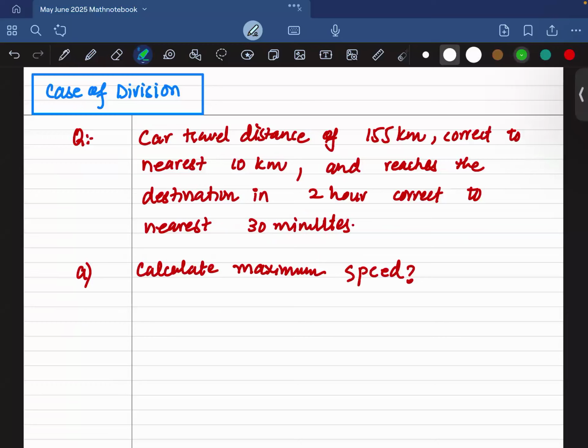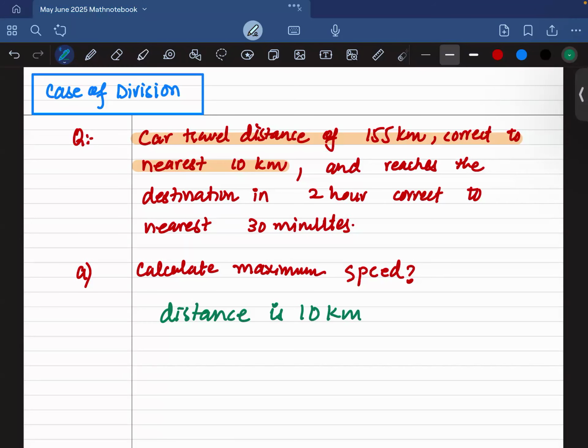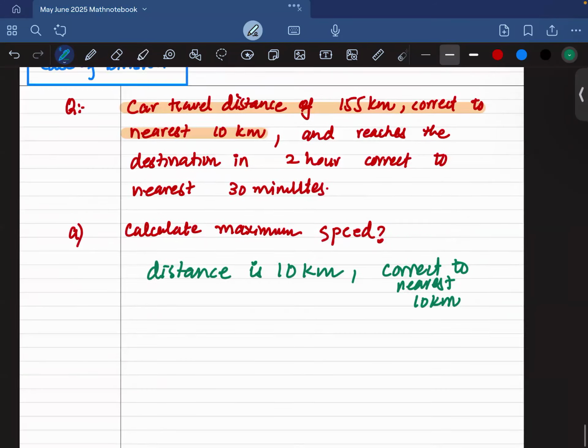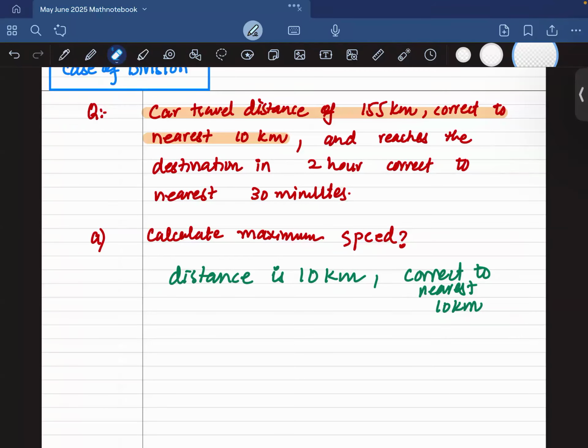A car travels a distance of 155 kilometers, correct to the nearest 10 kilometers. Ramin, agree? No sir, the distance is 155 kilometers. Yes, I wrote that wrong. Thank you. The distance is 155 kilometers, correct to the nearest 10 kilometers.